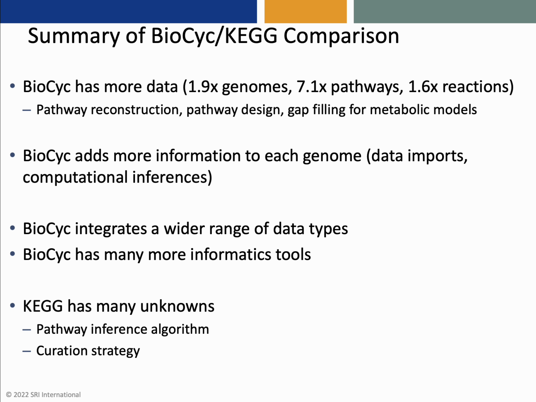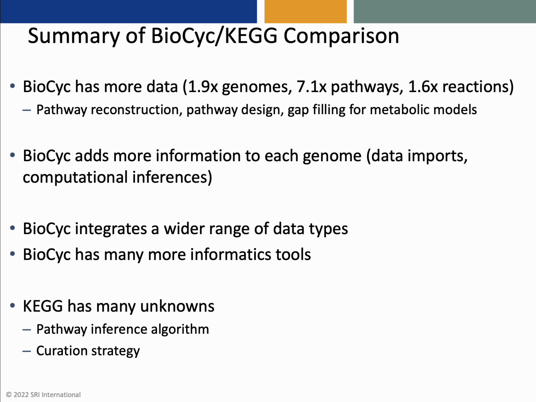So for example, metabolic reconstruction works by recognizing known pathways from a reference database. So if one reference database is larger than the other, it allows the algorithms to recognize more pathways. Similarly, if we're doing metabolic route searching, pathway design, we have a larger palette of reactions to design new pathways from, and BioCyc has a larger set of reactions to do gap filling of metabolic models.